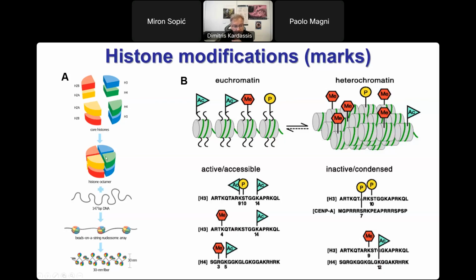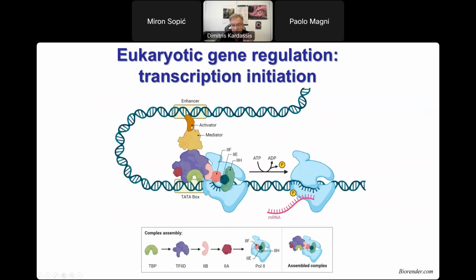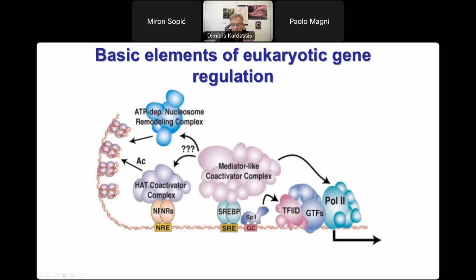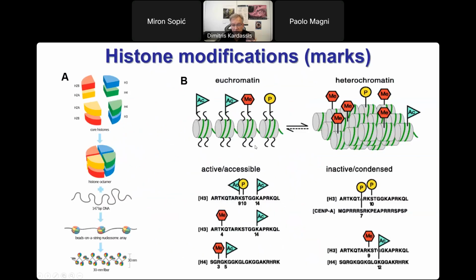And the histones that make this octamer have specific regions which are called histone tails, which are targets of the coactivator complexes which are present here, and they have enzymatic activities. So these histone tails can be modified either by acetylation or methylation or by phosphorylation.